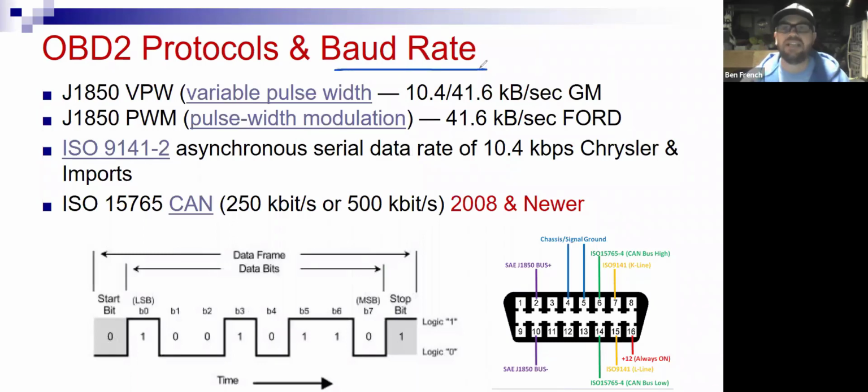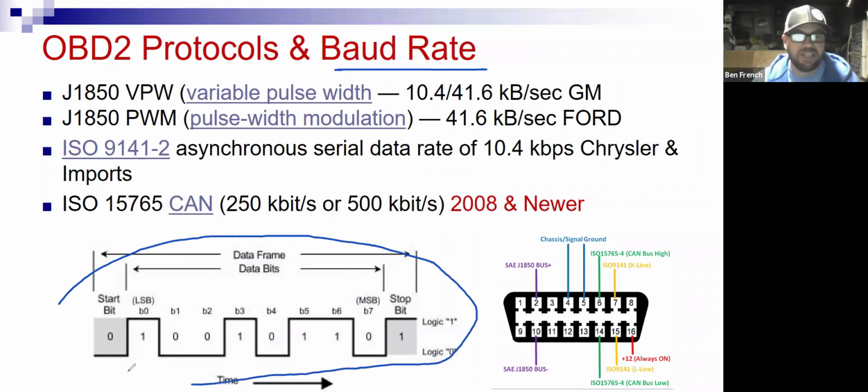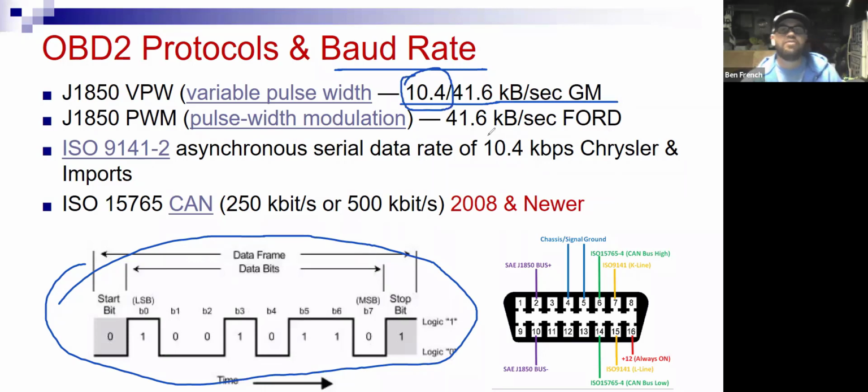Now, baud rate is how quickly are the ones and zeros, how quickly are these data bits traveling between the computers on the vehicle, and how quickly are they traveling between the computer in the vehicle and your scan tool. So you can see, like if you have an older GM, like my 96 Chevy, it's down to 10.4 kilobits per second baud rate. Pretty dog slow, to be honest with you.